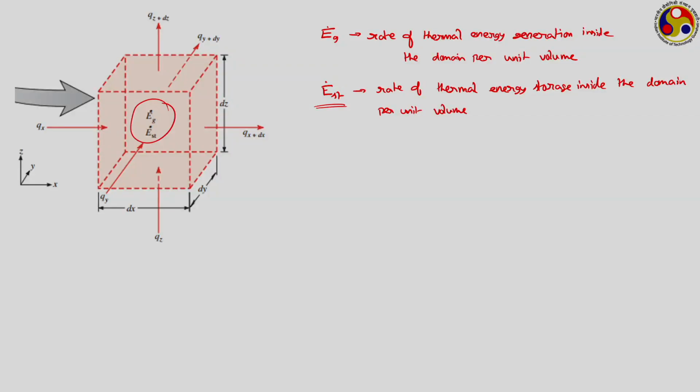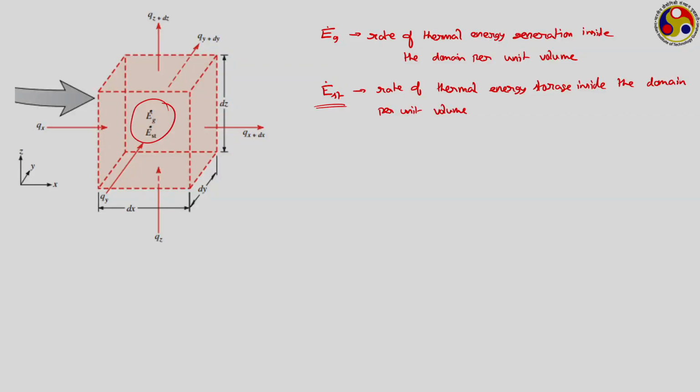Similarly, if all these 6 incoming and outgoing heat transfer rates plus the energy generation are not properly balanced, that will lead to a net increase or decrease in the total energy content of the block itself, which is given by this second term.